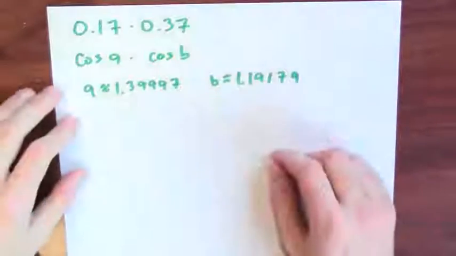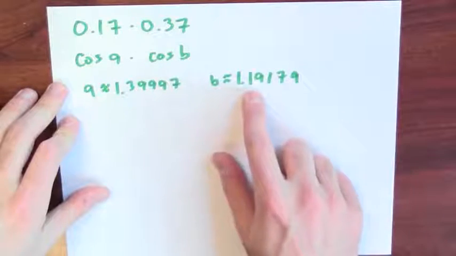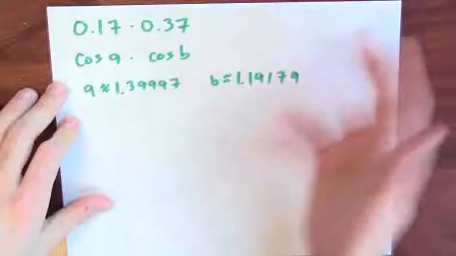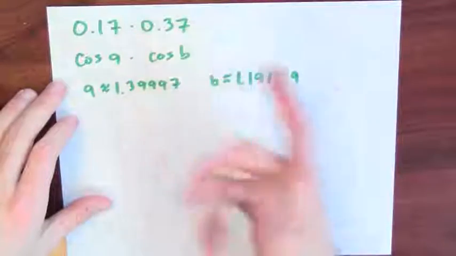I can also use my table to compute arc cosine of 0.37 to be about 1.19179. In other words, if I take cosine of this number, I get really close to 0.37.